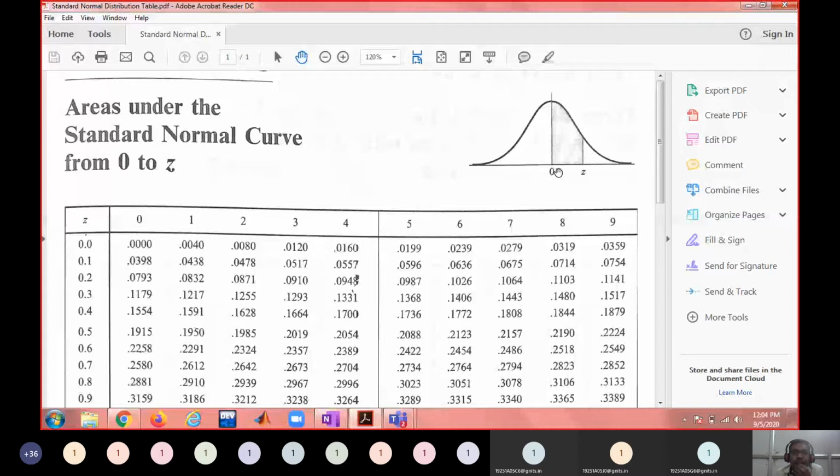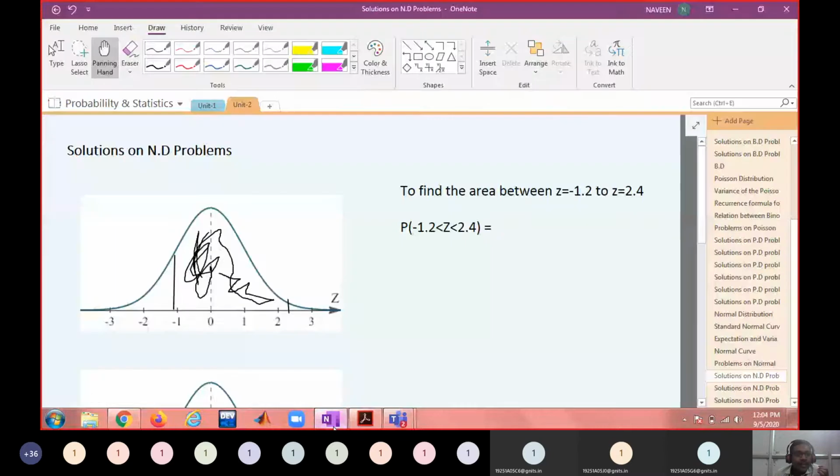In that case, we have to use the symmetry property. Suppose you have to find the area from minus 2 to 0. The area from minus 2 to 0 is the same as the area from 0 to 2, because it is symmetric about z equal to 0. Is that okay?